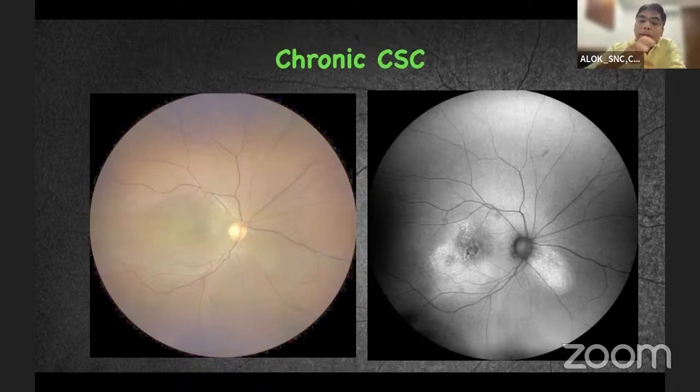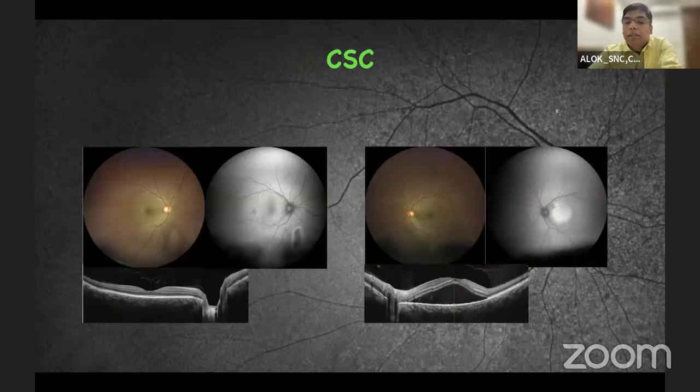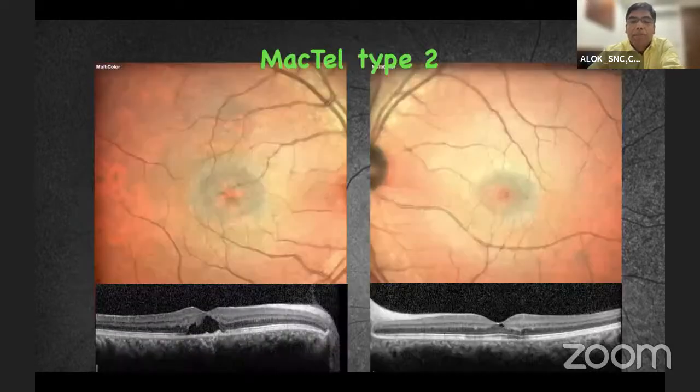Now, there could be patchy areas of hypoautofluorescence which suggest RPE damage or loss. So, as you can see here, this is the right and left eye of the same patient. The left eye shows an acute CSC, while the right eye shows evidence of old CSC in the periphery.